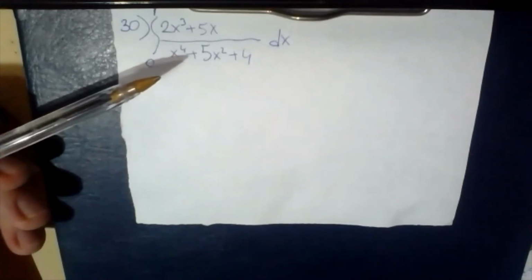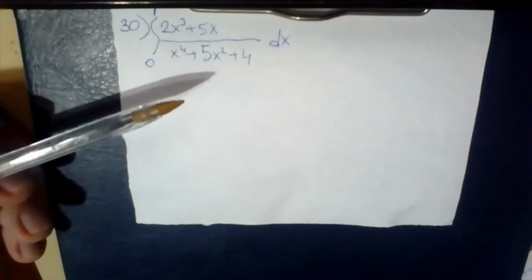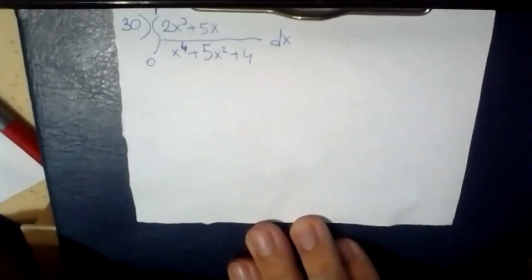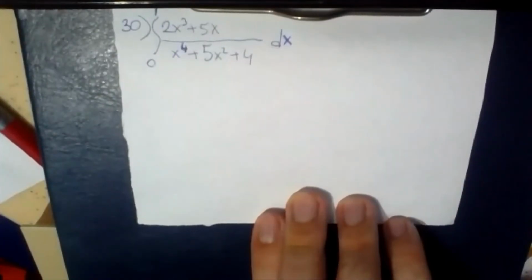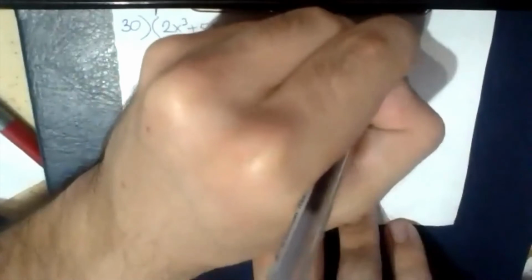For the first step, we need to factorize the denominator. Can we factorize a polynomial of degree 4? They are not easy problems, but only for these questions, by observing something, we can succeed in factorizing it. We have x to the 4 plus 5x squared plus 4.